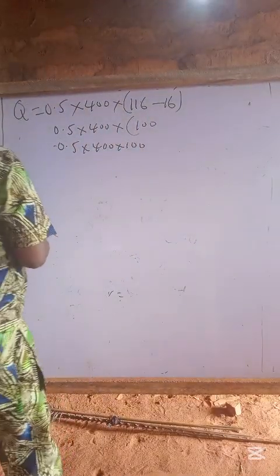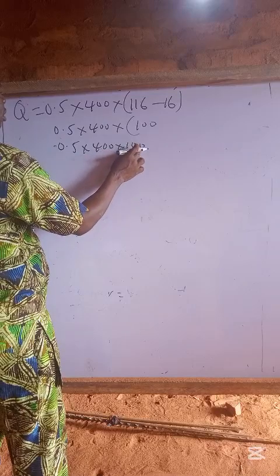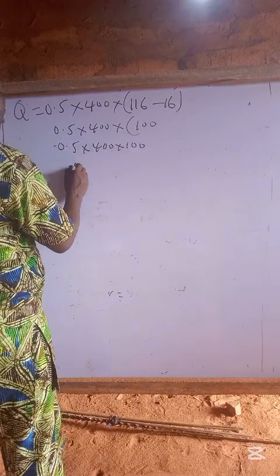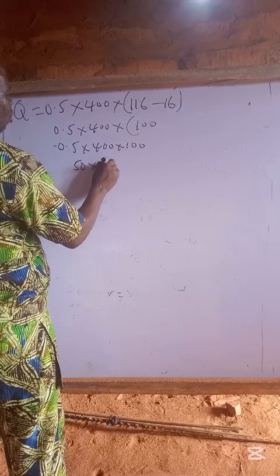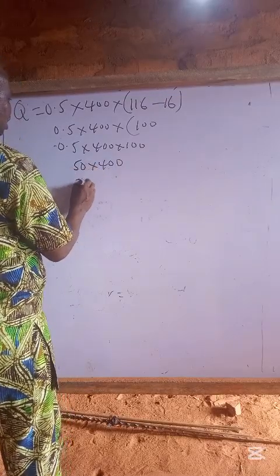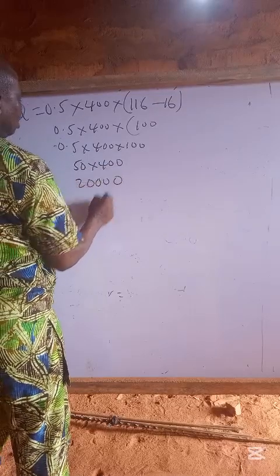When we multiply everything here, 100 times 0.5 gives us 50 times 400. So 5 times 4 is 20, and then three zeros.